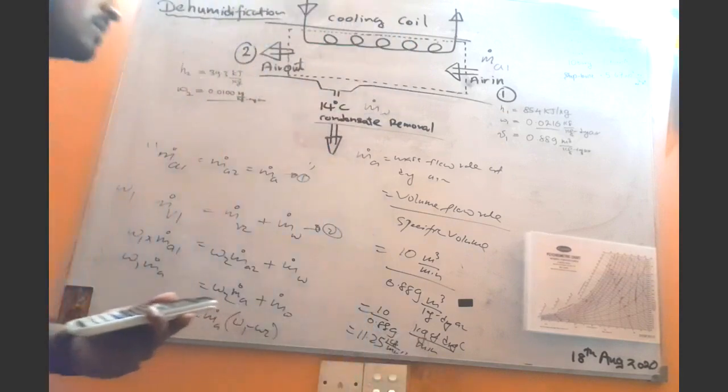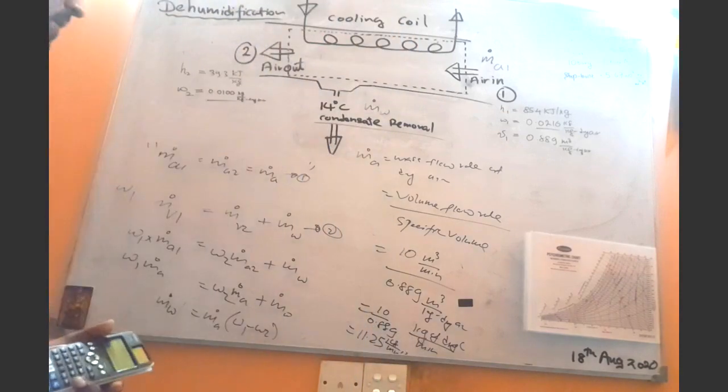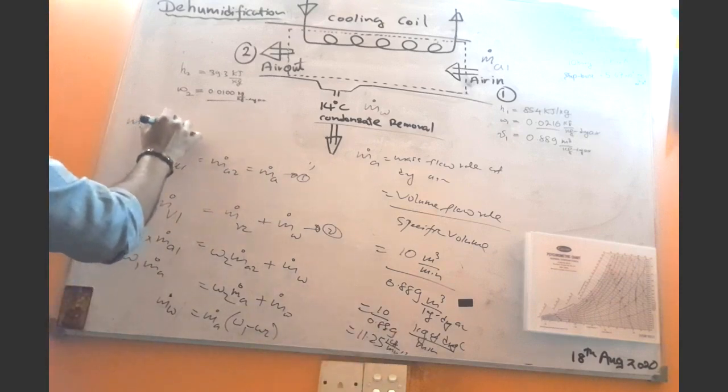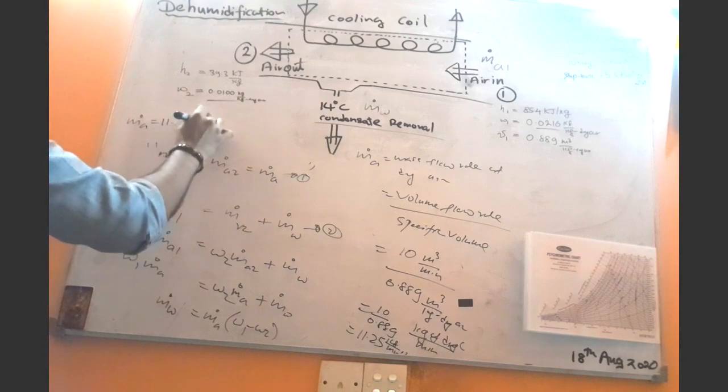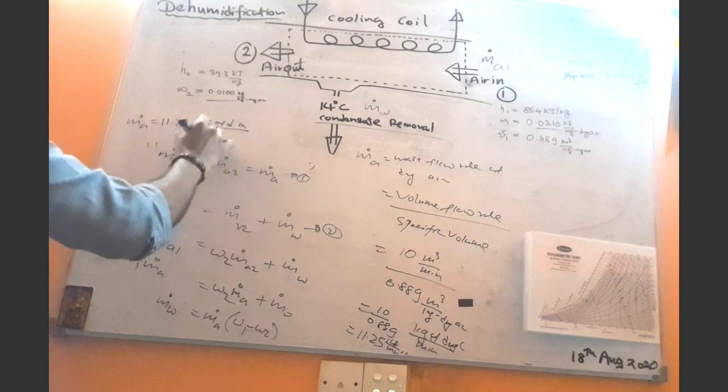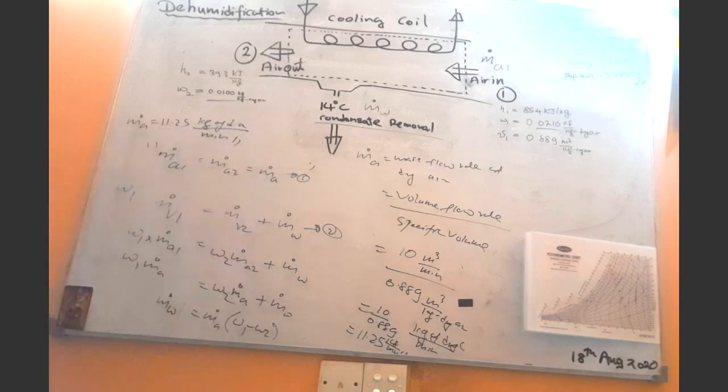So now you know what ma dot is. We will write it here: ma dot equals 11.25 kilograms of dry air in a minute.